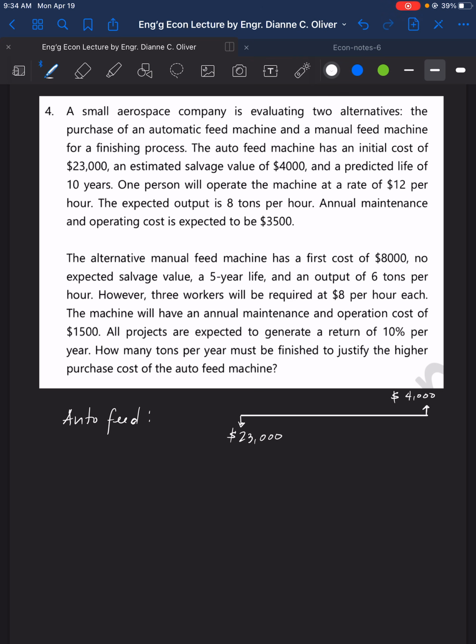So the present cost is 23,000 equals the annual worth times (1 plus the percent here, which is 10%, so 0.1) raised to the life of the machine, predicted life is 10 years, so raised to 10 minus 1, all over 1 plus 0.1 raised to 10 times 0.1.